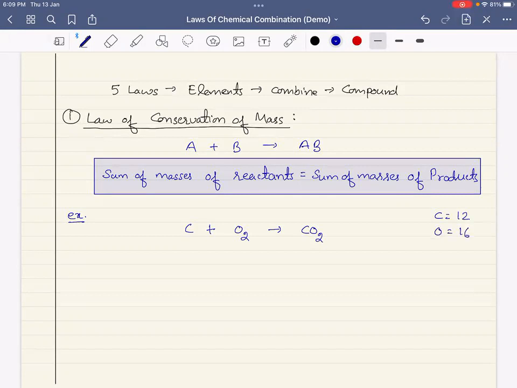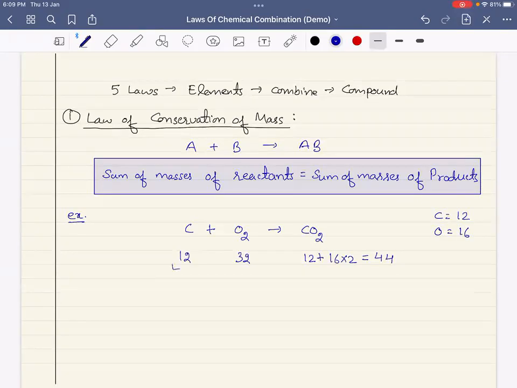So here carbon mass is 12 and oxygen is 16 into 2, that is 32, and CO2 will be 12 plus 16 into 2. So it will be equal to 44.